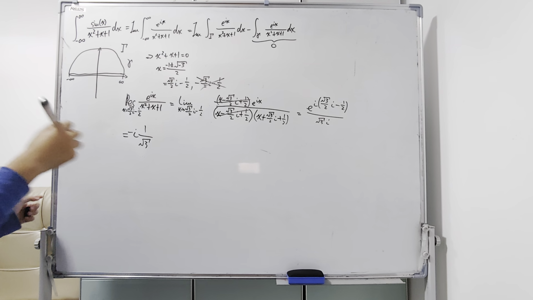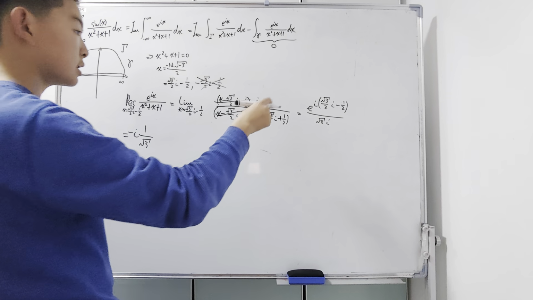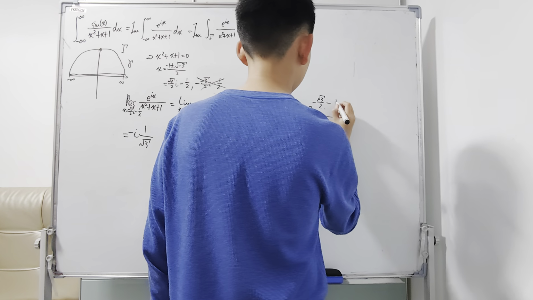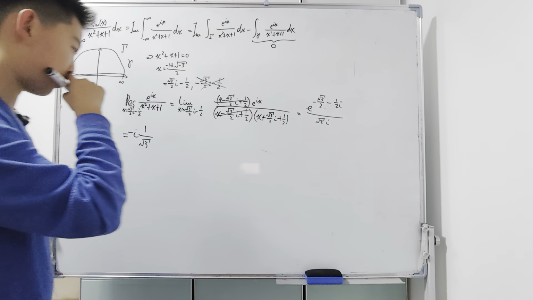And then this one is going to be, first of all, if I were to distribute the i, I times root 3 over 2 i is going to be negative root 3 over 2. And then it's going to be i times basically this thing, so we have minus 1/2 i. I hope I am right.